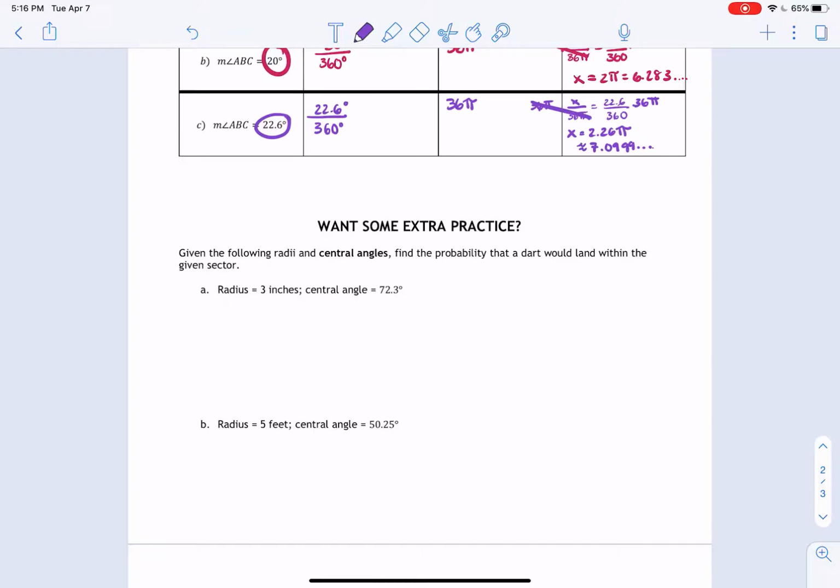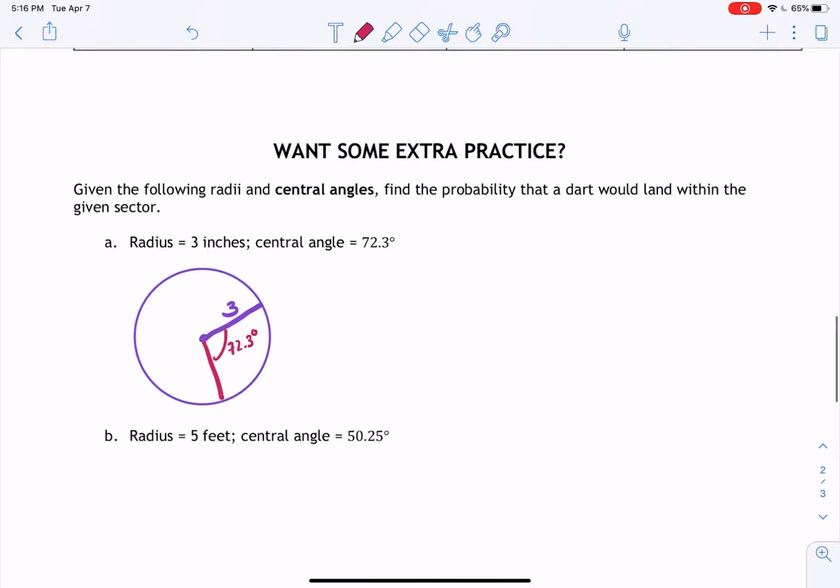If you would like to see a couple more practice before getting to Desmos, here you go. You're going to have to draw your own circle. Radius of 3 inches. Central angle of 72.3 degrees, so we're going to draw in 72.3 degrees. And if this is our shaded sector, we want to know the probability that a dart would land in it.